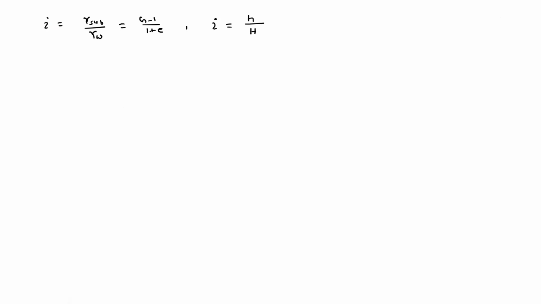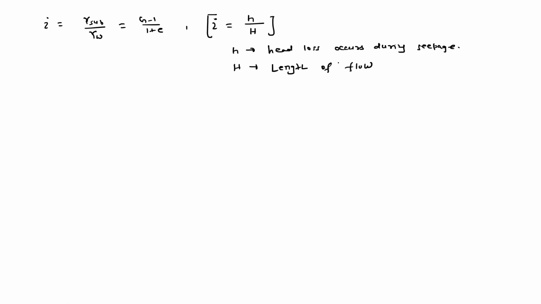That is, if I take it as capital H, then divided by the length of flow. So here, what is H? Head loss occurs during seepage, and L is the length of flow.